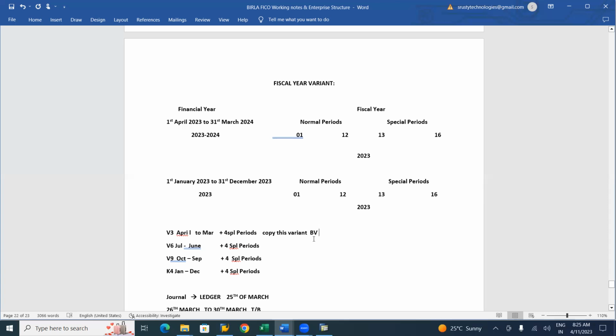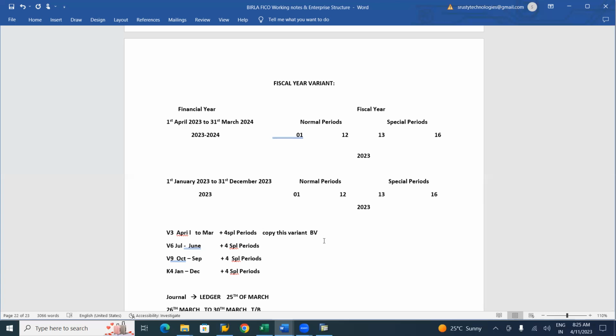Whatever attributes are there, about 493 attributes, will all be copied from V3 to BV. If you want to create one from scratch, you need to give all those 493 attributes. I'll show you the different attributes.